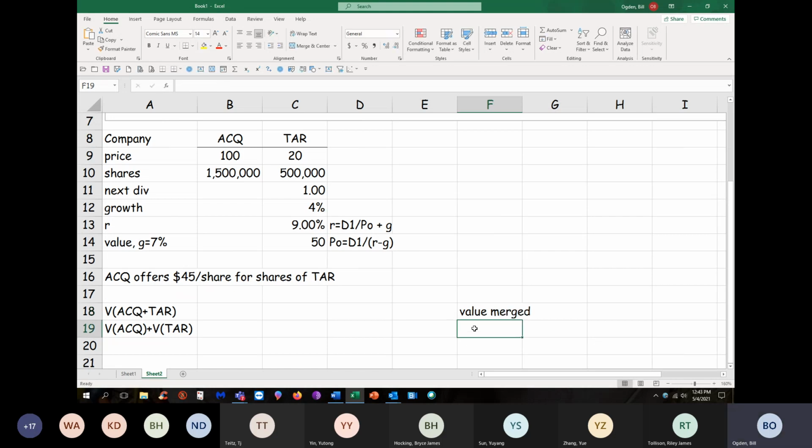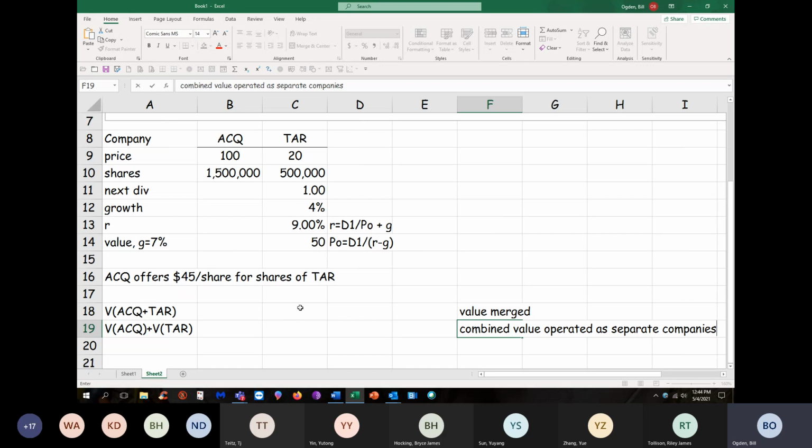And this second one is the combined value operated as separate companies. There you go.